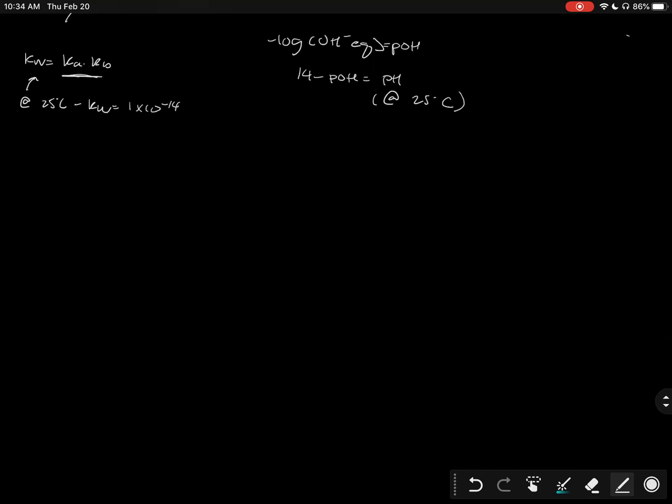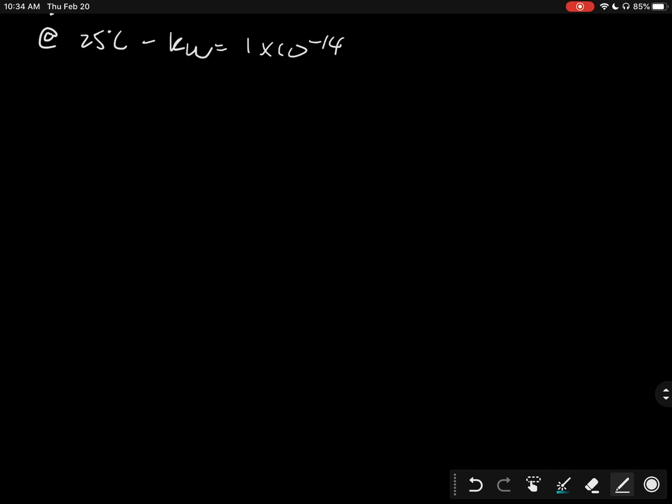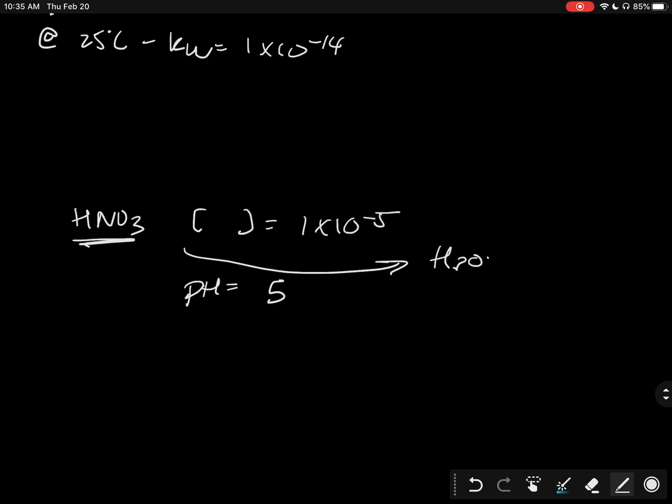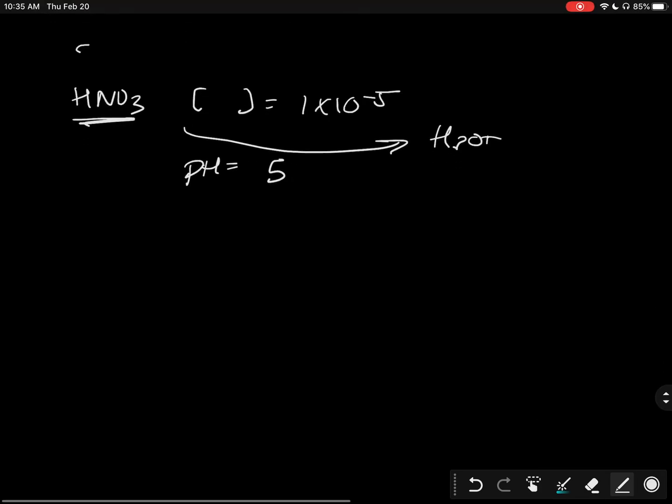So real quickly, I want to go over an example where we can see the difference, to note that just because we have a strong acid doesn't necessarily mean it's going to be a lower pH. Okay, so let's say that we have HNO3 concentration equals 1 times 10 to the negative fifth. That means that our pH equals 5, because remember, 100% of this is going to dissociate to form H3O plus, because it's a strong acid.